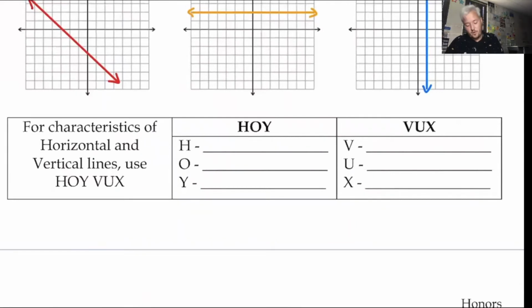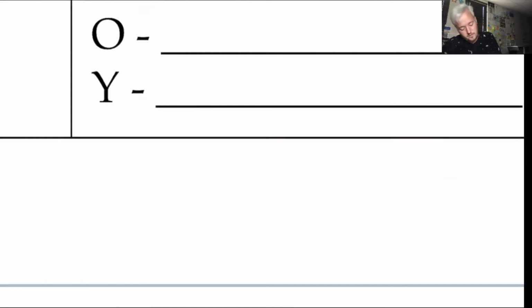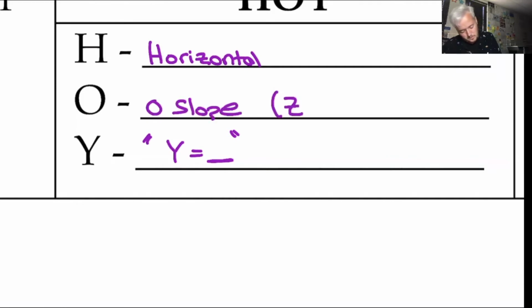If you were ever given a y equals equation, so y equals a number, then that tells you it's going to be a horizontal line with 0 slope. So horizontal, 0 slope, and it's a y equals equation.